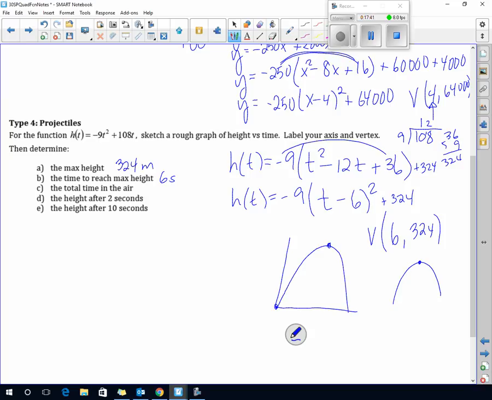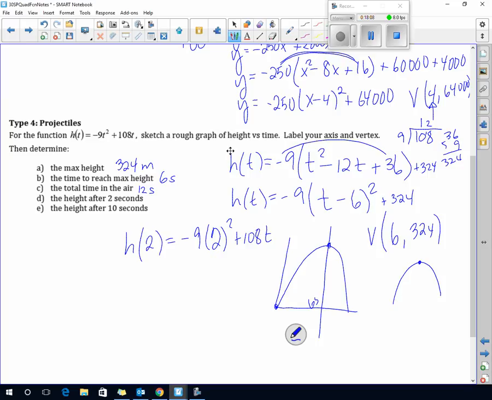Now, how would I figure out the height after 2 seconds? Yeah, you just substitute 2 in. And some of you that take physics probably know already how to do stuff like this, right? Maybe because you're in grade 11, you haven't taken a lot of the formulas yet in physics. But so you got to do 2 squared is 4. 4 times minus 9 is minus 36.